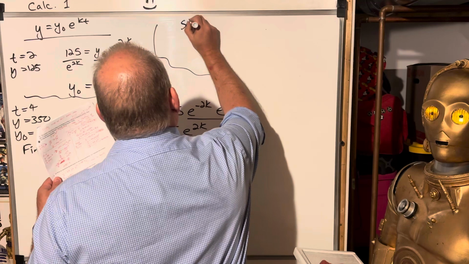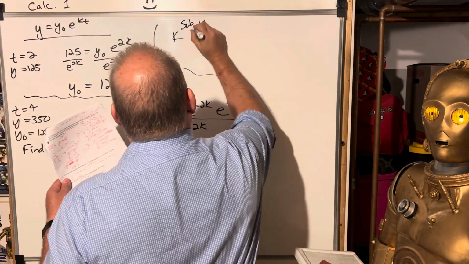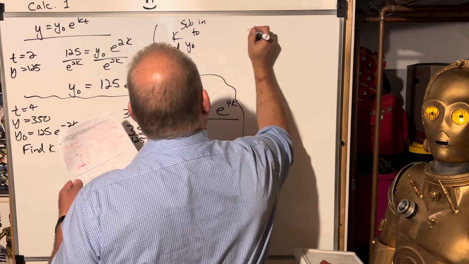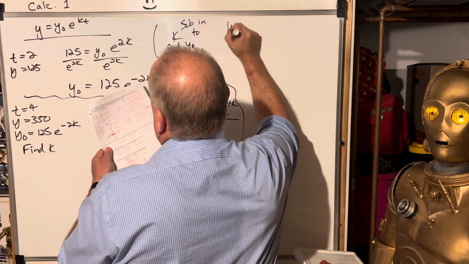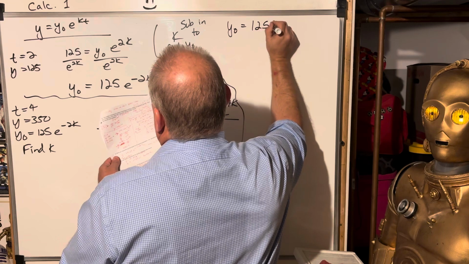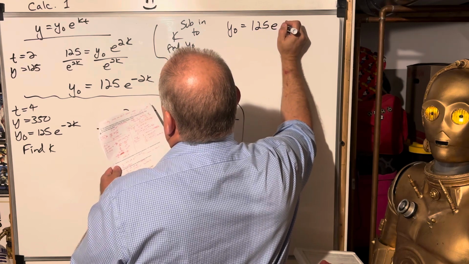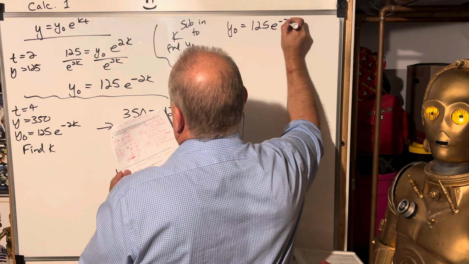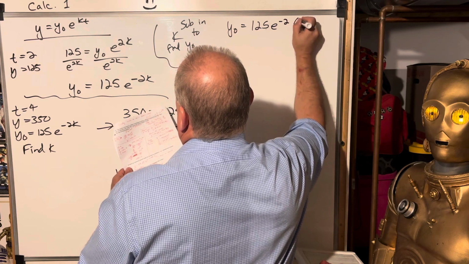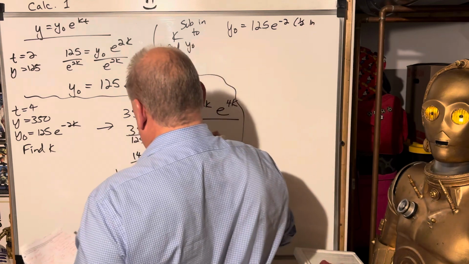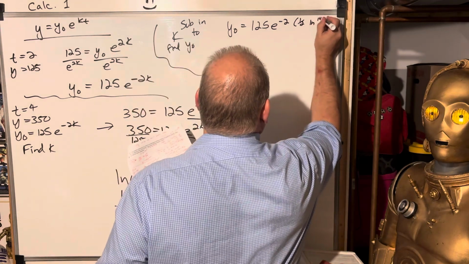So sub in k to find our initial condition. So y naught is equal to 125 e to the negative 2 times 1/2 ln of 14/5. Okay.